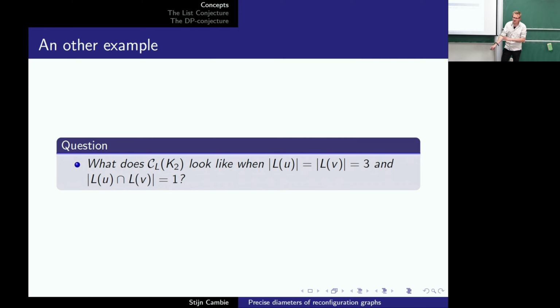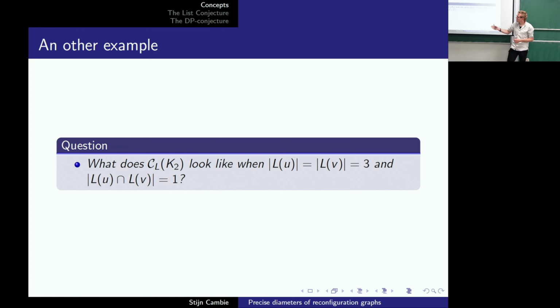And now I have a question for you. It should be a bit interactive. So now we have still the K2, so a fairly simple graph. It's not K1 because then it's not a question anymore. The lists both have 3 colors, but one of them is equal.